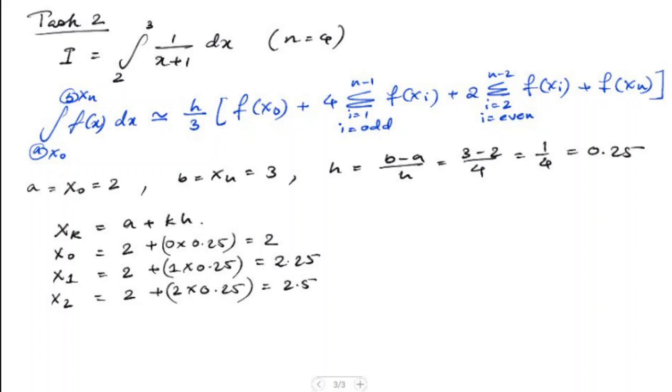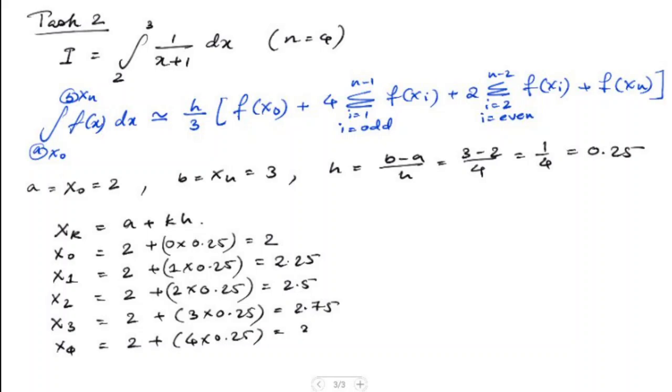So we do this until we reach our b, which is 3, right? So we have x3 now, which is 2 plus 3 times 0.25, so that will give us 2.75, and then we have x4, which is 2 plus 4 times 0.25, that's equal to 3. So we have reached our b, or the xn, which is 3.